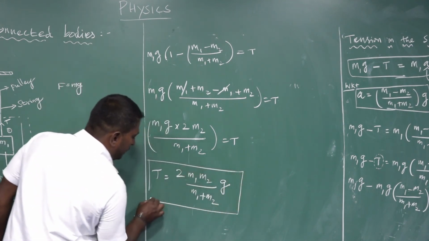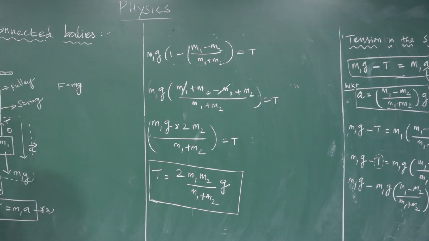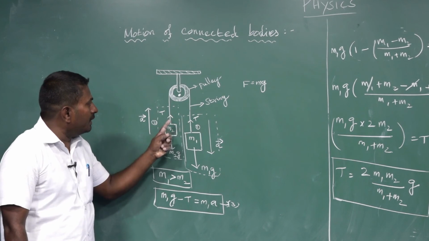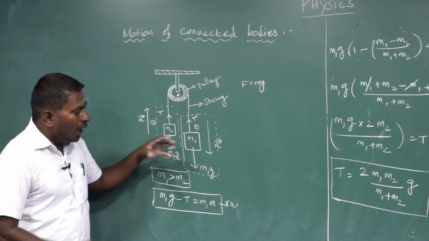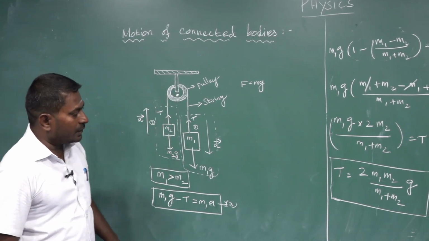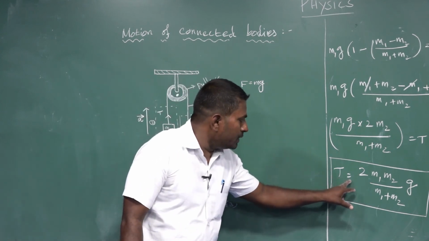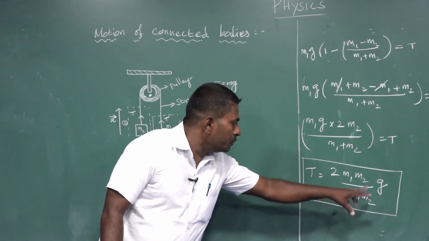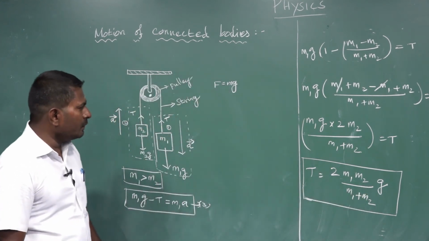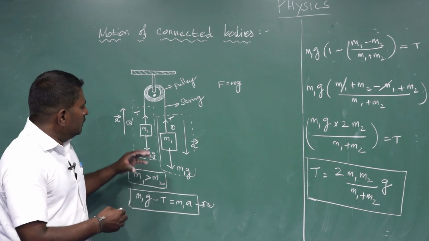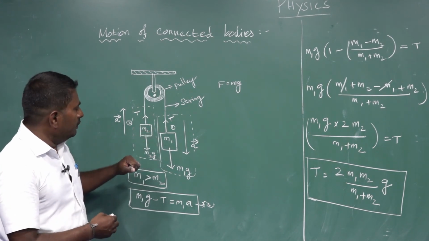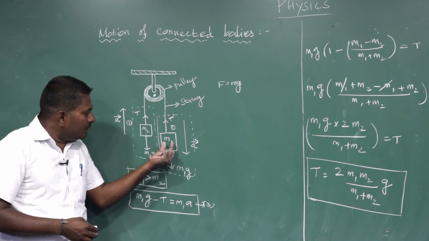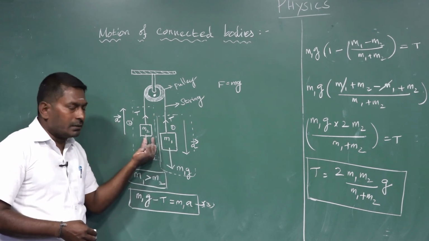This is another important expression. When two blocks are connected by a light inextensible string that passes over a pulley, we calculate the tension produced in the string by the expression T equals 2 m1 m2 divided by (m1 plus m2) into g. This is applicable when the m1 mass is greater than the m2 mass.